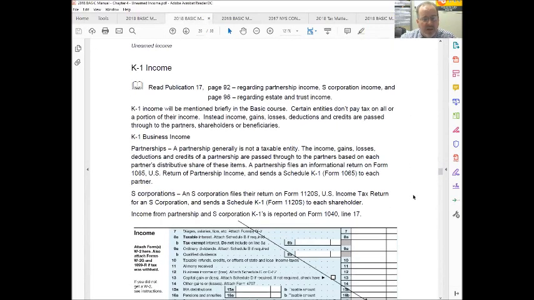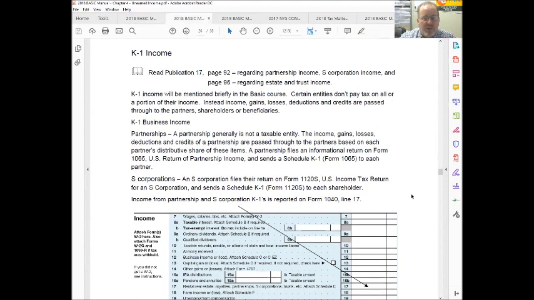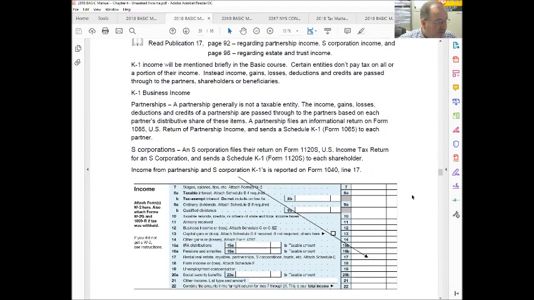K-1. Again, we'll get into this a little bit more later when we talk about businesses, and when we talk about Schedule E's much later in Chapter 15, we'll talk more about how the K-1's generated.